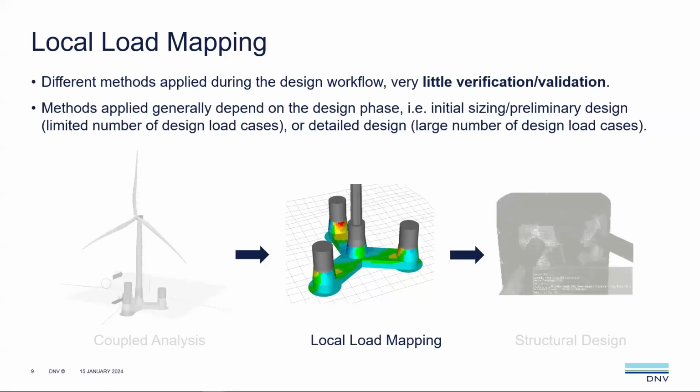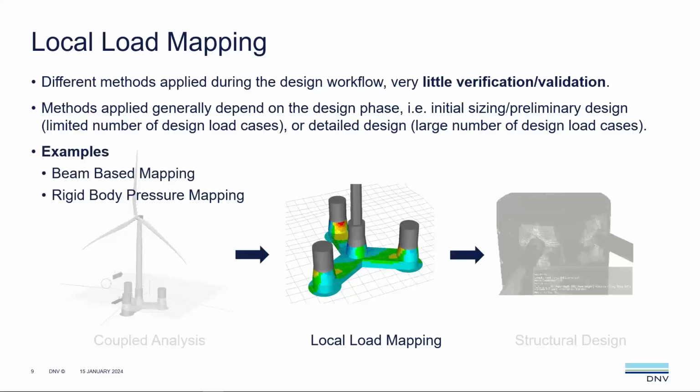The methods depend on the stage we're at. We can be looking at initial sizing of the system, in which case we're probably going to make some assumptions, limit the number of cases, simplify the turbine model, for example, or we can be on the other end of the spectrum, looking at a detailed design case with 15,000 load cases and a detailed model of the turbine.